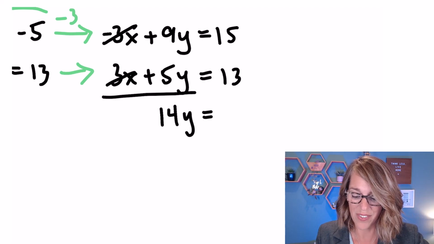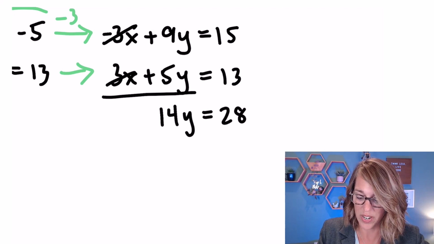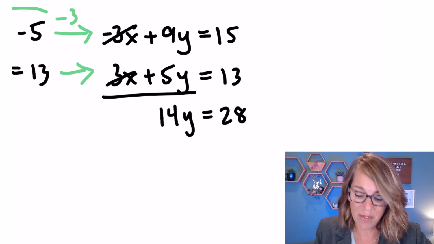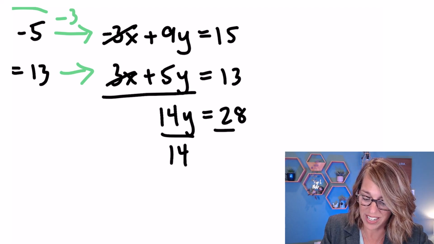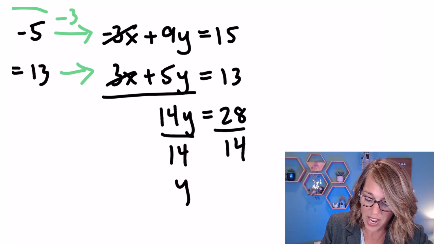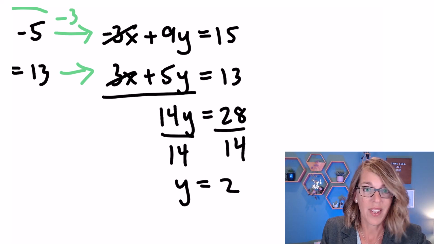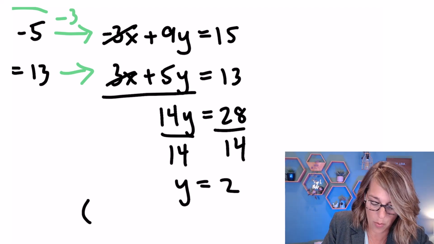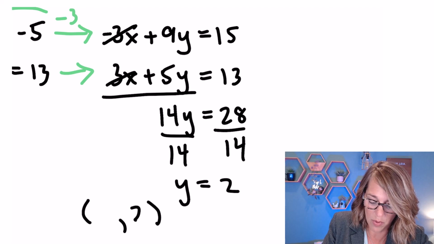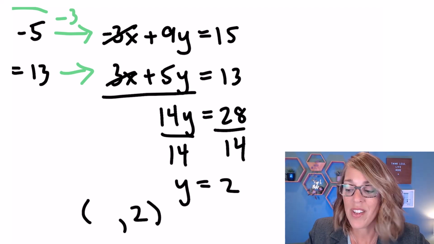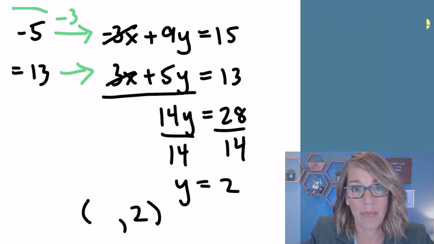And on the other side, 15 plus 13 is equal to 28. I just need to divide both sides by 14, and we have that y is equal to 2. But remember, we were looking for a point. All we've got so far is that 2, so I'm ready for that last step.